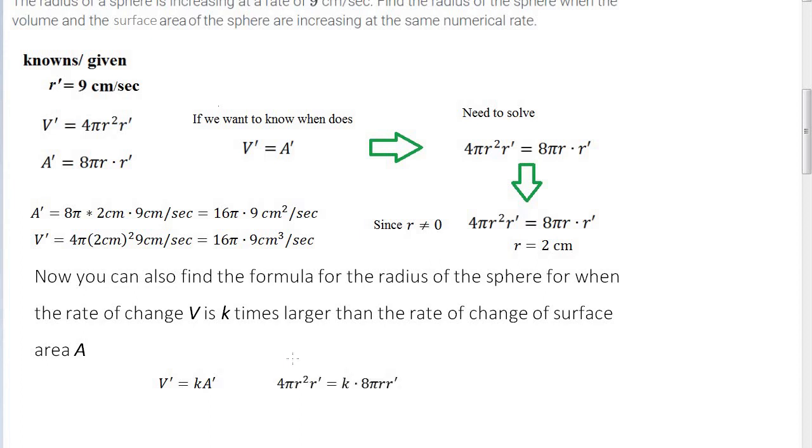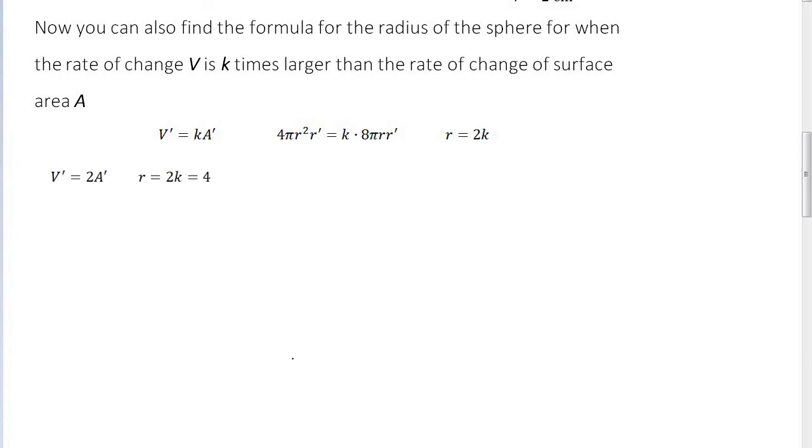Here's our left-hand side and right-hand side that promptly reveals that the radius of our interest is going to equal 2k. Let's put a couple of numbers on the canvas here. Suppose we're wondering at what point volume changes twice as fast as the surface area. Well, use your formula: 2 times k, this coefficient of proportionality, 2 replaces k, and our answer is staring us in the face, right?